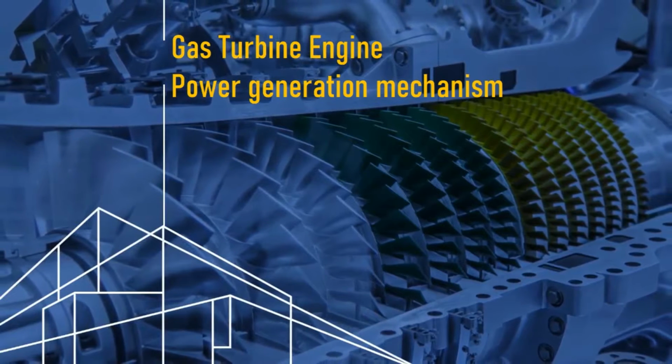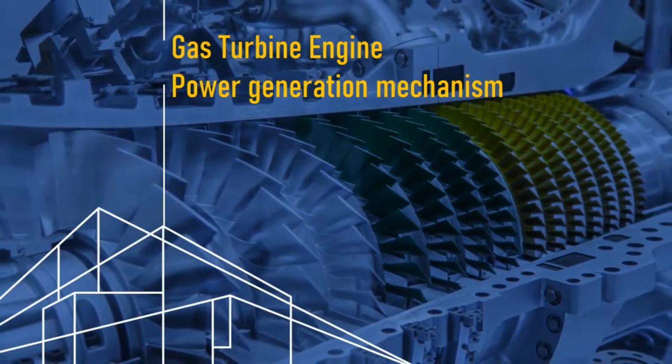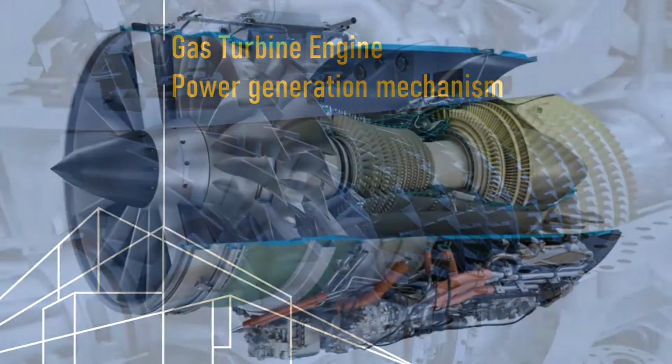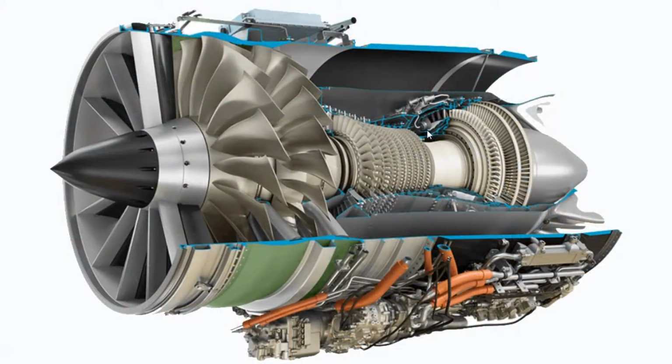In this lecture, we are going to study the power generation mechanism inside a gas turbine engine. You can see here, this is a cutout of the gas turbine engine. This is a type of gas turbine engine, and you can see there are various stages through which the air flows and the power gets generated.